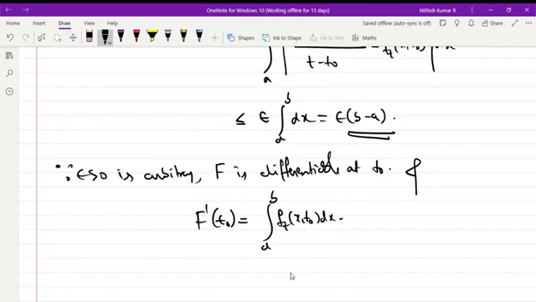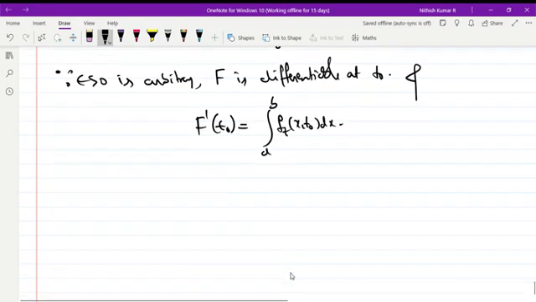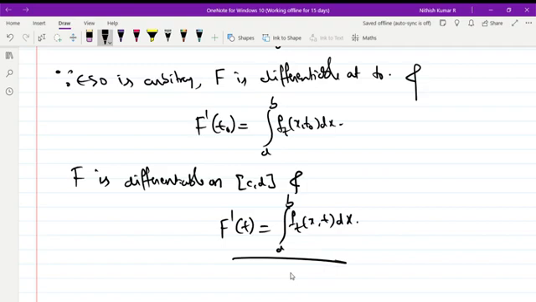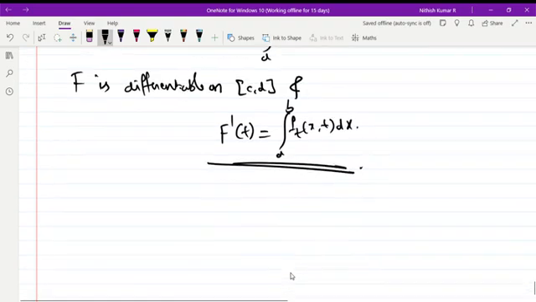So since this t naught belonging to c comma d is arbitrary, we have F is differentiable on the closed interval c comma d, and capital F dash of t is nothing but integration a to b f_t of x comma t dx. Hence proved.